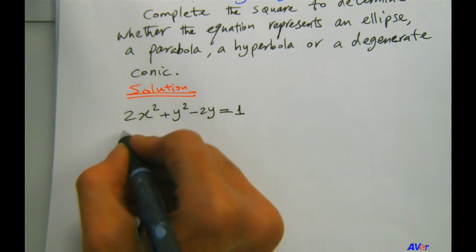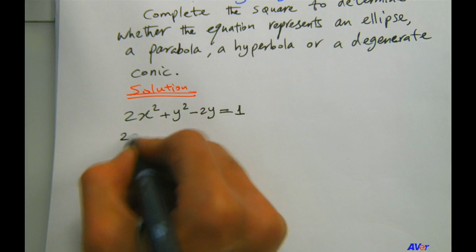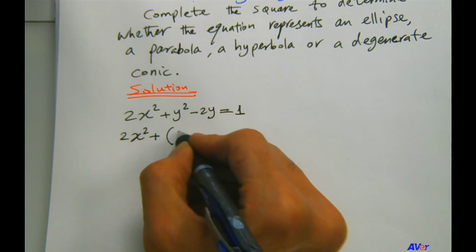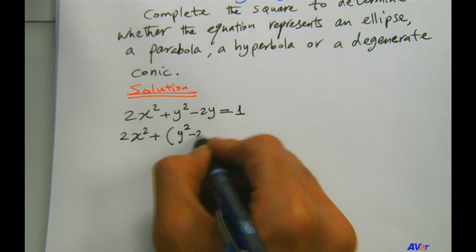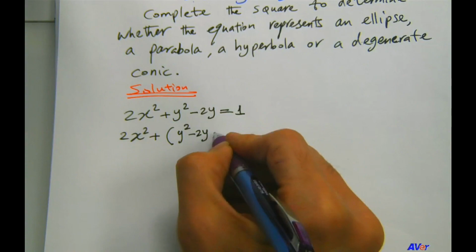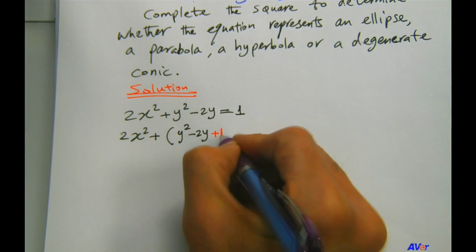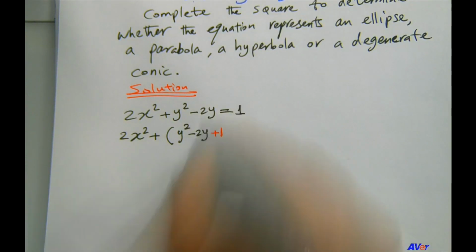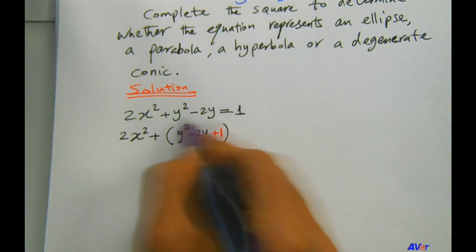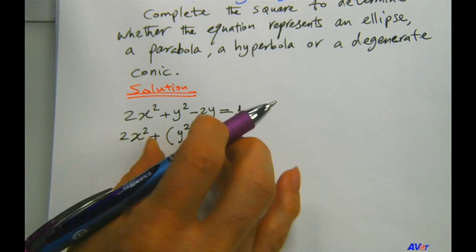So we have 2x squared plus, we say, y squared minus 2y. I'm going to add 1 here, plus 1. This is to complete the square. I added 1 to these two terms, so I have a perfect square here.